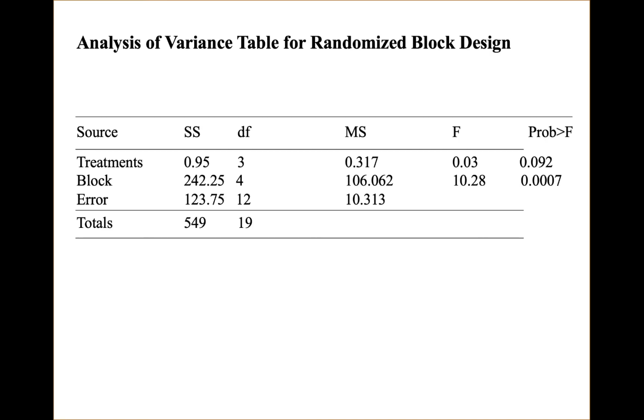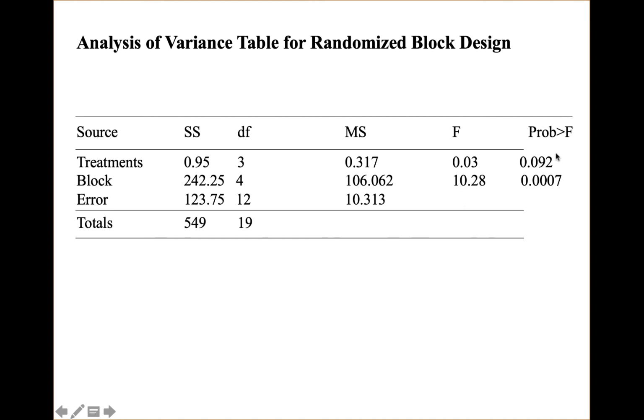When we would go through and analyze this data set, we actually get an ANOVA table with values that look like this. Here's the sums of squares for the treatment, the block, and the error term. Our degrees of freedom associated with that data set, our variance associated with that data set, and then our 2 F statistics.